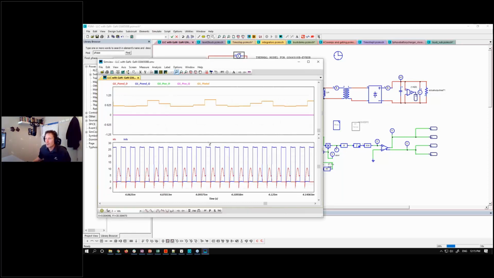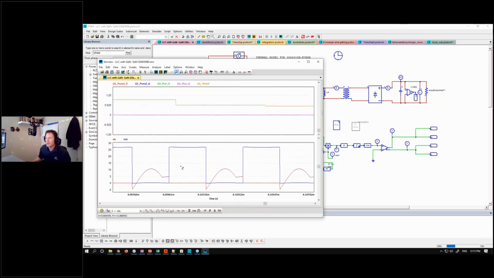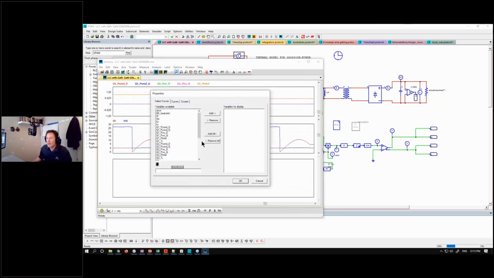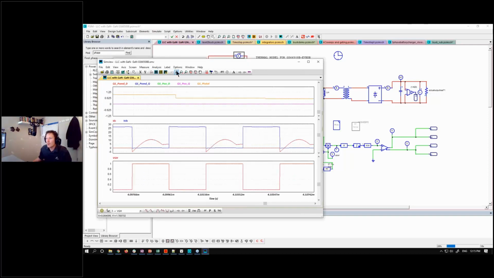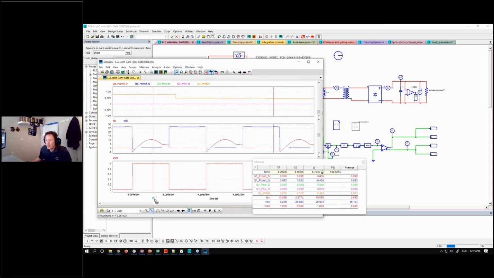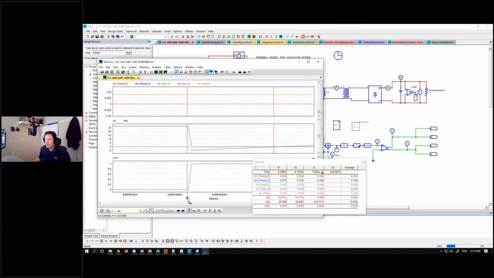Zoom in here and look at a cycle or two. And let's look at the gating, VG high. So we're turning the device on right here. Inside of this period here is when we're turning the device on, and we can see that the switching losses are actually zero.